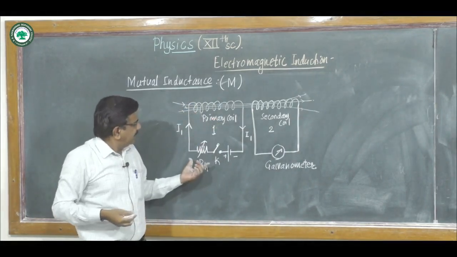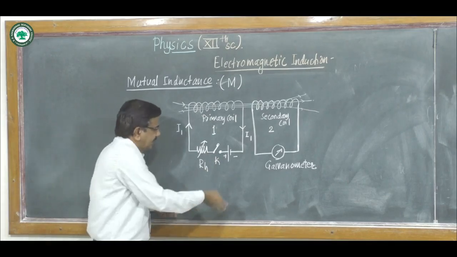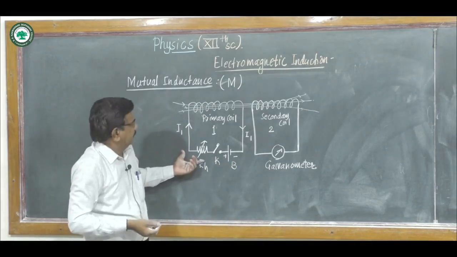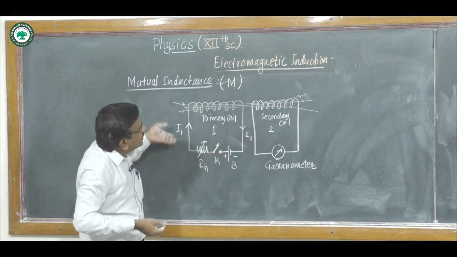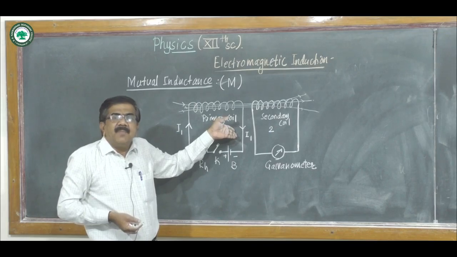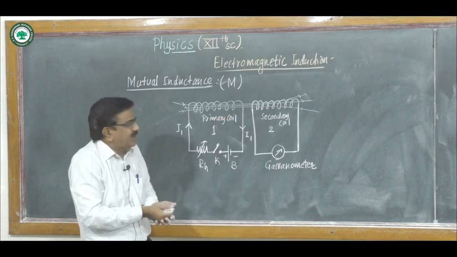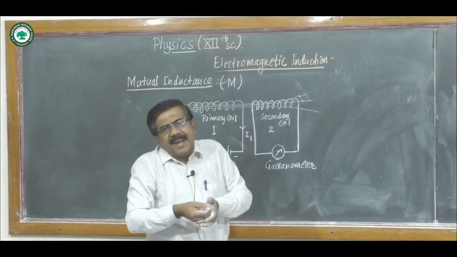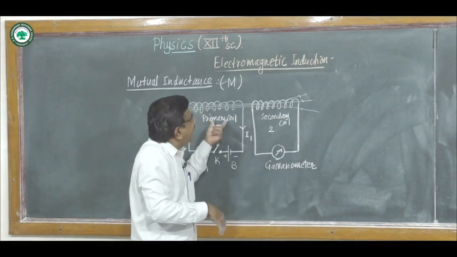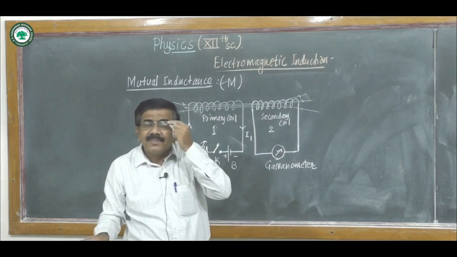In the primary coil, a battery is connected. There is a rheostat to control or change the current. Current passes in the primary coil and a magnetic field is produced surrounding the primary coil. These two coils are placed side by side.